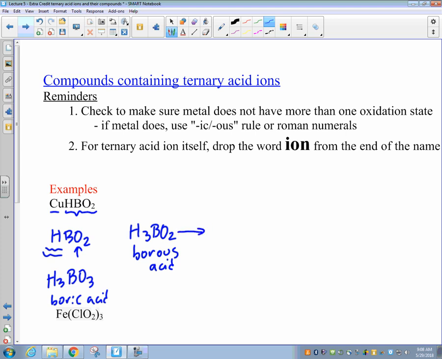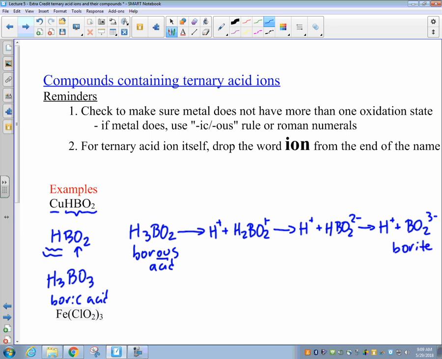So to get to our ion, we would have to split this thing apart through its dissociation to H positive and H2BO2 1 negative, which then further splits apart to H positive and HBO2 2 negative, which then further splits apart to H positive and BO2 3 negative. Following our naming convention for these ions, -ous acids make -ite ions, therefore BO2 3 negative is the borite ion.